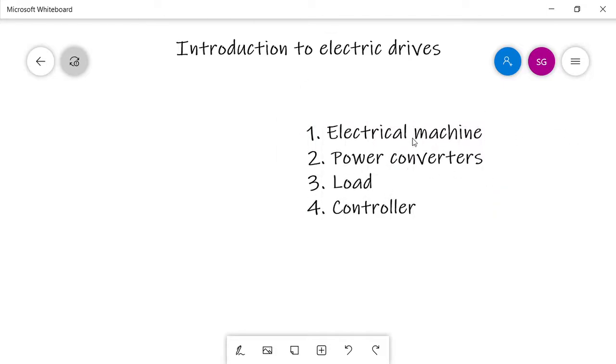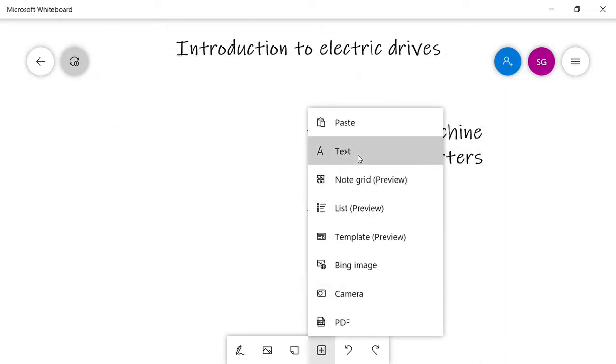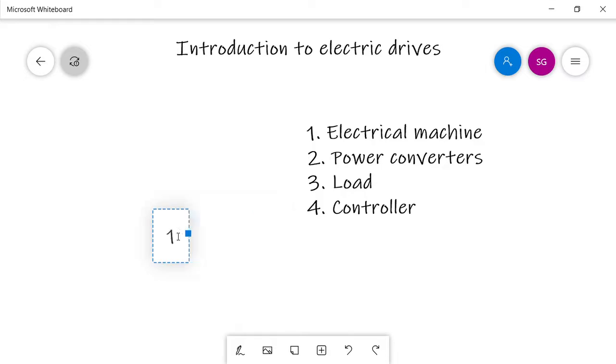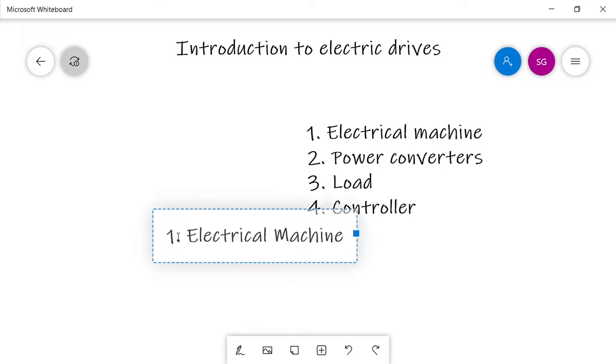So let us discuss one by one. First, electric drives has the electrical machine. This consists of DC machine and AC machine.